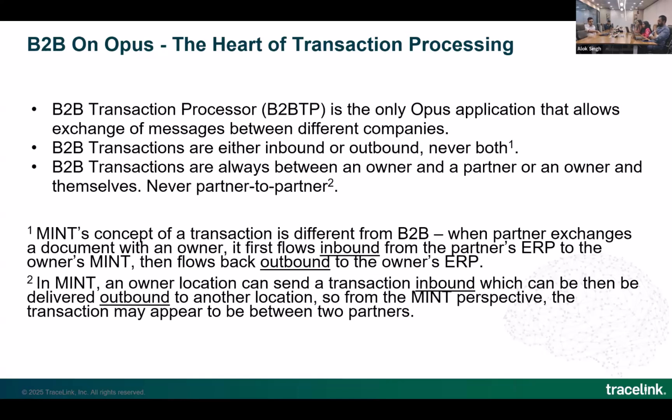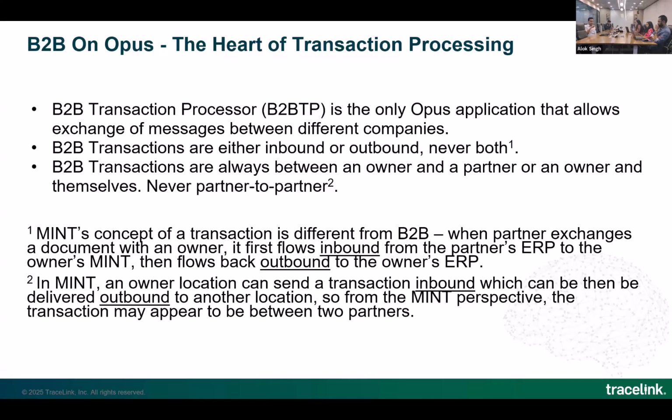But then there are scenarios when there might be multiple locations of a company that are exchanging documents. A company's headquarters might be based out of the US, and that company has separate entities or two locations in company master data, maybe India and Europe, and those two locations are exchanging documents between them.